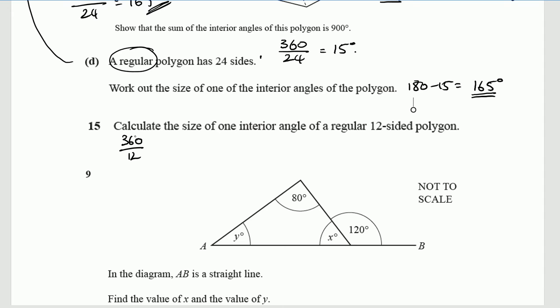If there's 12 of them, then 360 divided by 12, which gets me 30 degrees, works out the size of one exterior angle. Remember, exterior angles make a straight line with interior angles. So 180 minus 30 will give me the size of the interior angle, 150 degrees. And there we are. Remember, you could also use the interior angles sum formula, just as I did before.